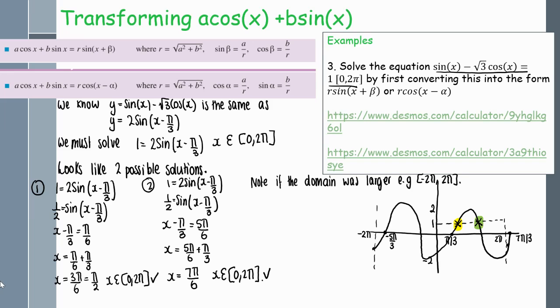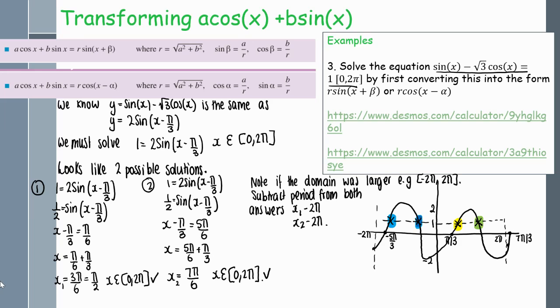So to find the other 2 solutions, we take the solutions that we got, pi on 2 and 7 pi on 6, and we subtract our period from both of these. I'd take x1, pi on 2, subtract 2 pi, and take x2, which was 7 pi on 6, subtract 2 pi, and that way I will find those 2 extra solutions if the domain were extended.